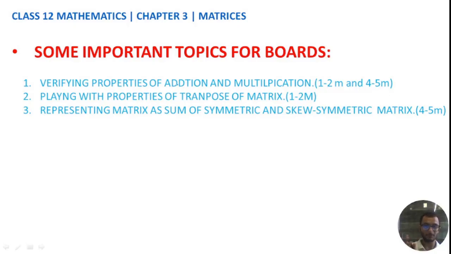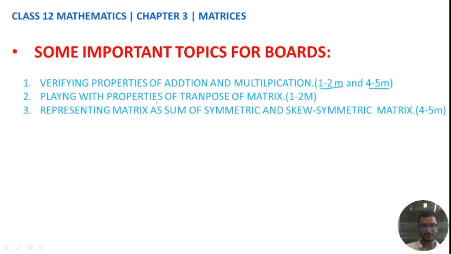We did several properties. They will give you some examples and they will tell you to verify this property. They will tell you to verify commutative of addition, or associative of multiplication. You need to verify that. They will ask various questions related to this. They can ask in MCQ also. They can ask in big questions also.